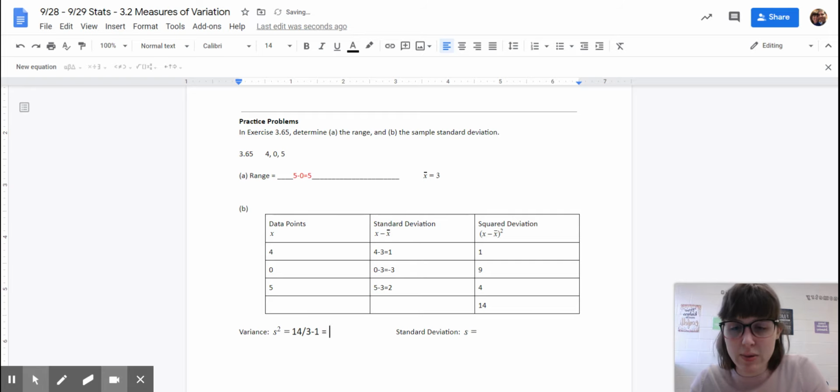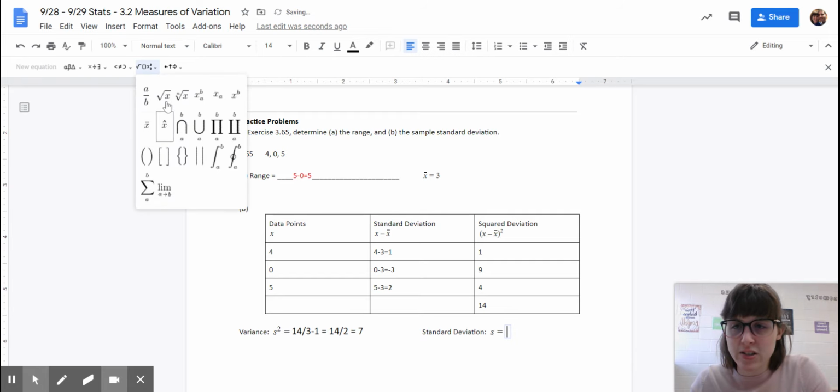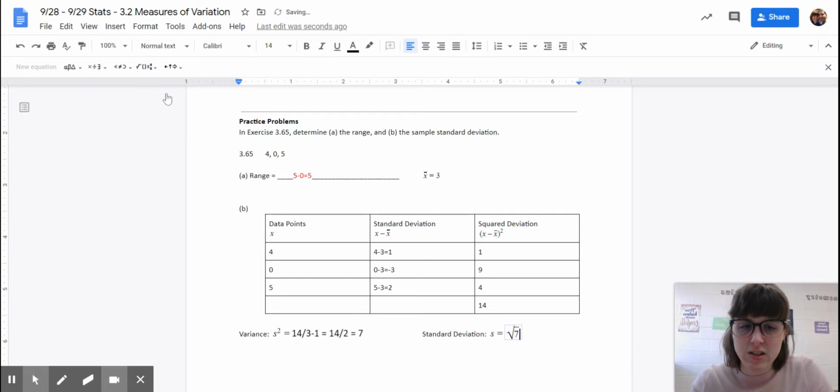So 14 divided by 2 is 7. The variance is 7. And for standard deviation, we're going to take the square root of the variance. So the square root of 7 is 2.6.